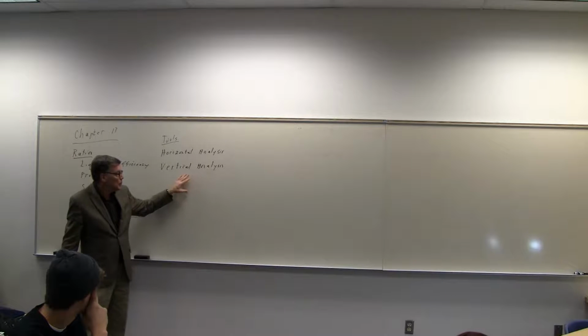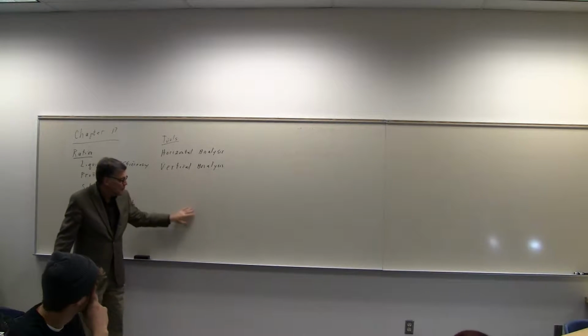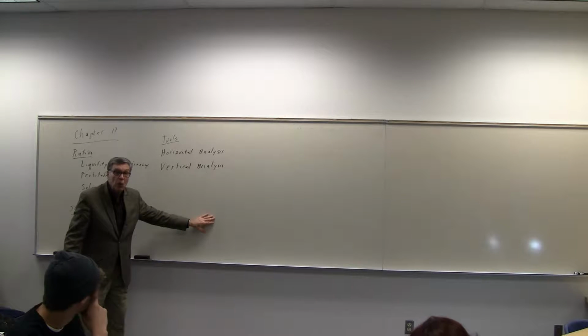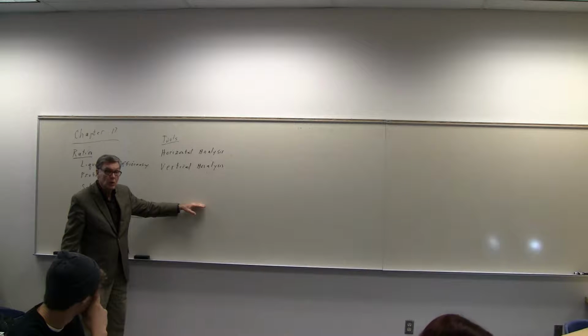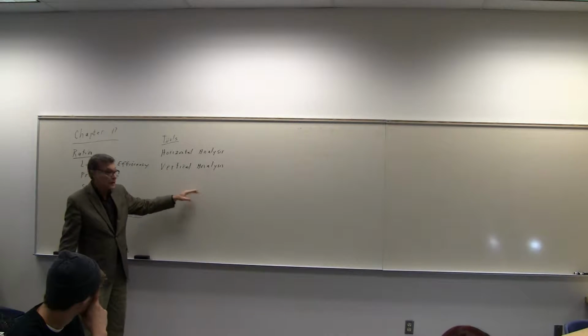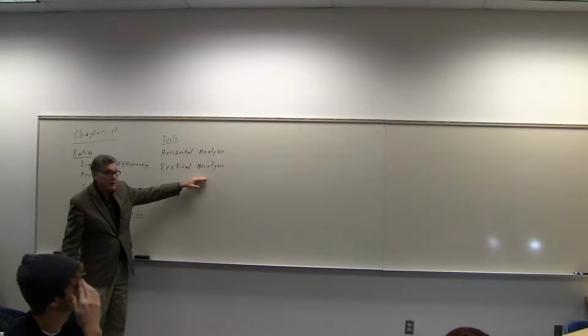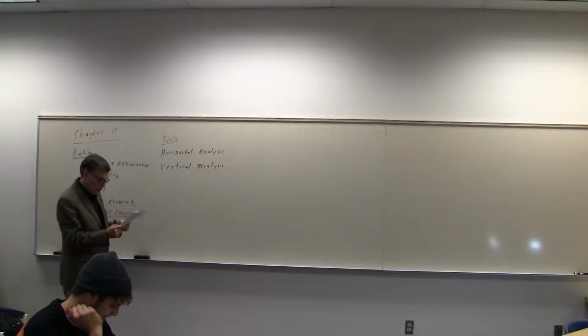Because what it tells you is you can have a lot of increase in sales, but if that doesn't turn into net income, it's pointless. So if your sales double and your expenses quadruple, that's a problem, and this vertical analysis will show you that because it will show all the expenses as a percentage of sales. Let me just introduce it now, and when we have an example, it'll be a little more obvious.